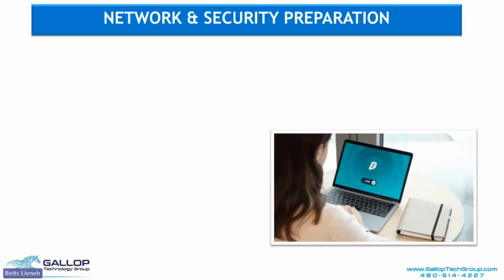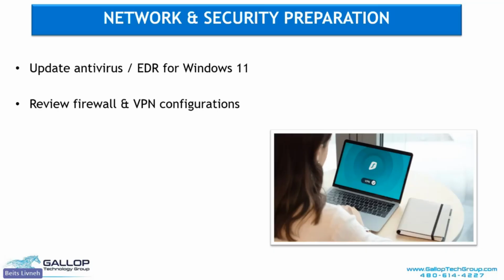Next, we're going to talk about the network and the security prep. First of all, you want to make sure that you have the most up-to-date antivirus and EDR that Windows 11 does support. We've had a couple of incidents when we took over a network for a new customer. We started working on the preparation for the upgrade, and we found that the antivirus software that they have will not work on Windows 11, and we cannot afford having that, obviously, without it. So those are two things that you need to look at: the antivirus/EDR, and you want to make sure that you review the firewall and VPN configurations.